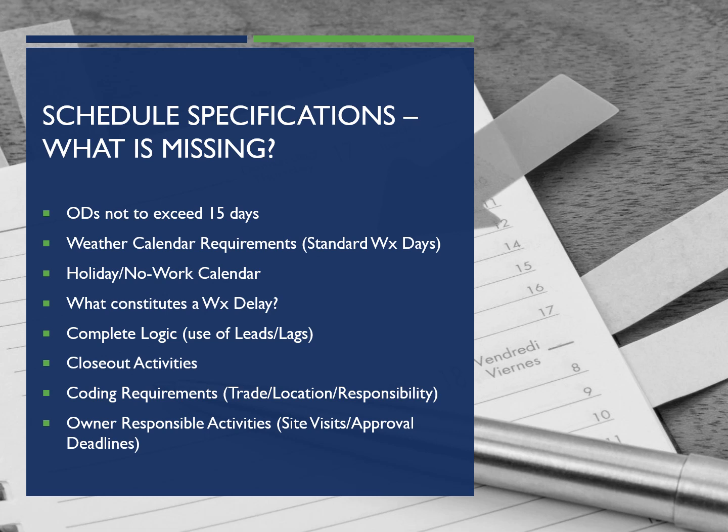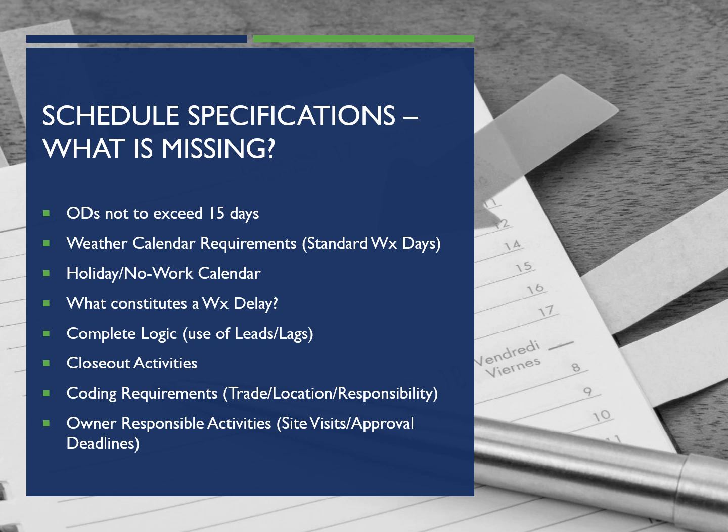Coding a schedule is really nice for being able to sort and pull out very specific information. You don't typically see that in specifications because it's kind of a nice to have, and it really gets down into the nerdy bits of scheduling, but it's definitely a recommended best practice.